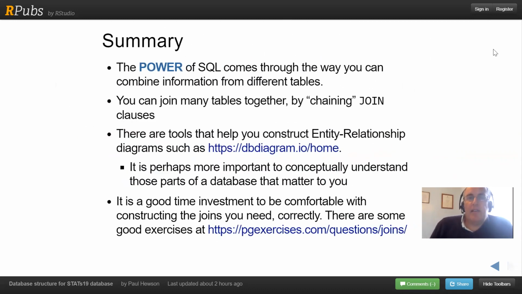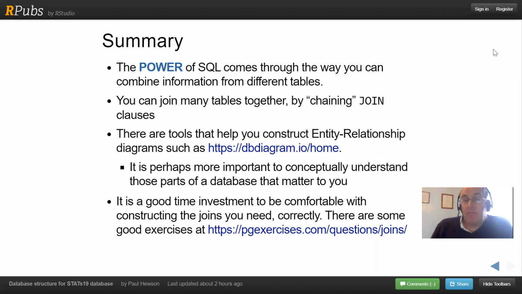To summarize, the power of SQL comes through the way you can combine information from different tables. And the real power, what makes this more than a data storage and filtering and aggregating tool, comes through the ease with which you can join different tables together to combine information.